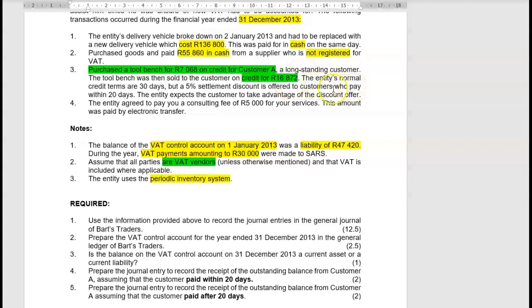16,872 Rand. The entity's normal credit terms are 30 days, but a 5% settlement discount is offered to customers who pay within 20 days. The entity expects the customer to take advantage of the discount offer. So that's a nice way of telling you that you have to create an allowance for settlement discount when the sales transaction takes place. So what are the steps that I have to follow? Number one, determine the invoice value, 16,872.